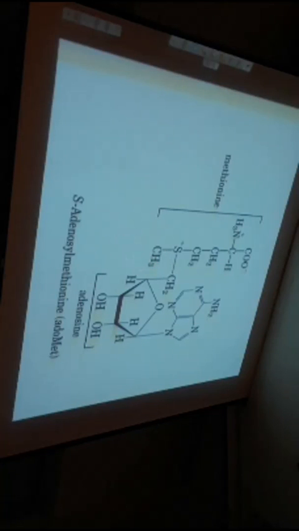Okay, and we will also see probably later today that, interestingly enough, this cofactor is also utilized in the synthesis of so-called biological amines, polyamines in particular. And in this case, what is being transferred from this cofactor is a propylamine residue.